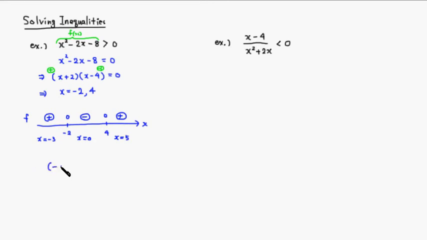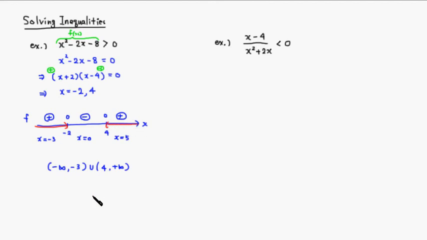from negative infinity to negative 3 and positive 4 to positive infinity, because we want the function to be positive, so we want this interval and also this interval.